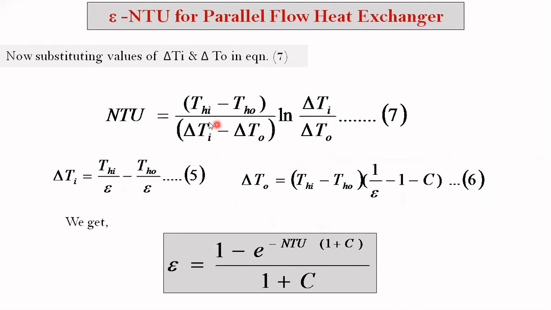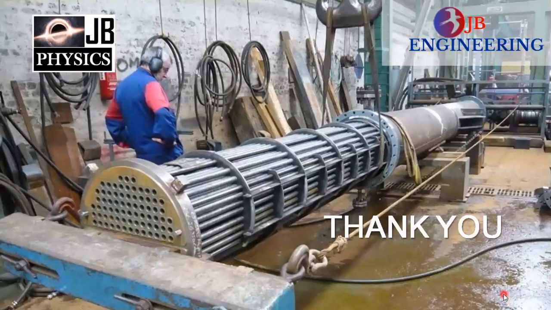So after putting the values and after some simplifications, we can find the value of effectiveness, that is 1 minus e raised to minus NTU (1 plus C) upon 1 plus C. So that is the expression for effectiveness for a parallel flow heat exchanger. Thank you so much.